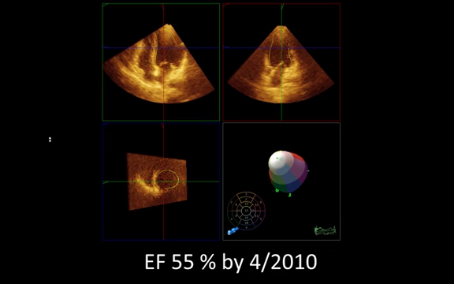But with carvedilol on board, her ejection fraction did improve to 55% by April, and this was confirmed with our 3D.